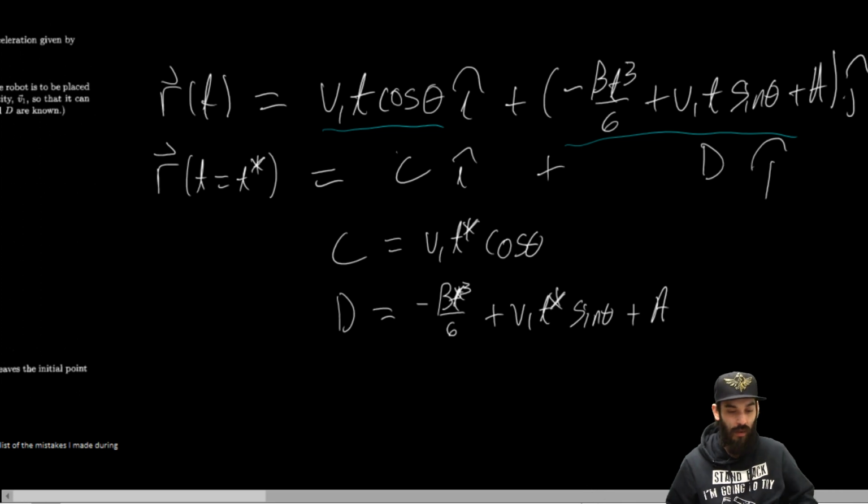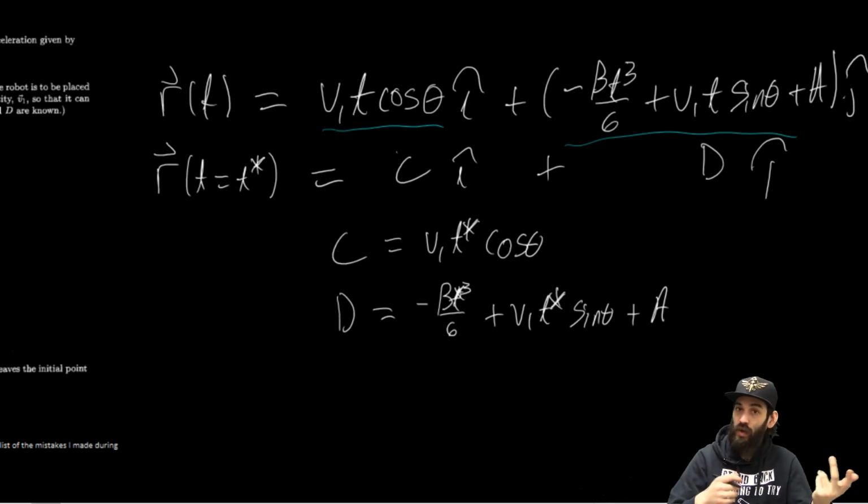Now, in order to find v1, we have two unknowns and two equations. We don't know what v1 is, and we also don't know what t star is. So in order to find v1, we're going to have to eliminate t star from the equations.